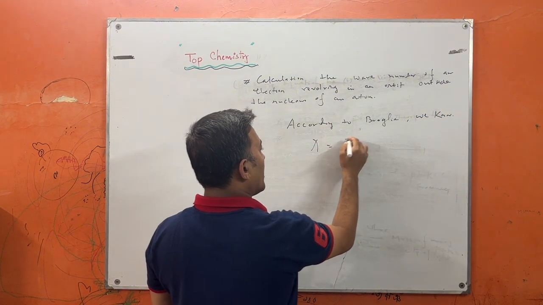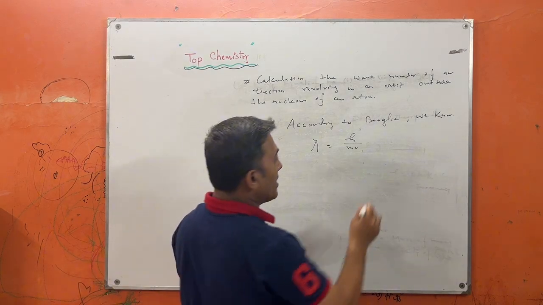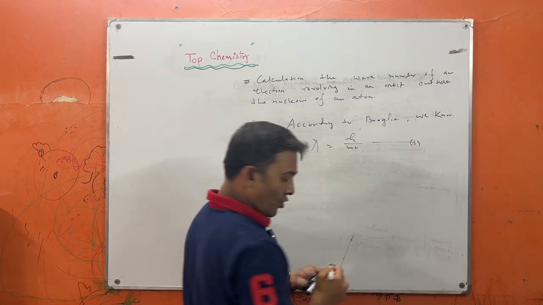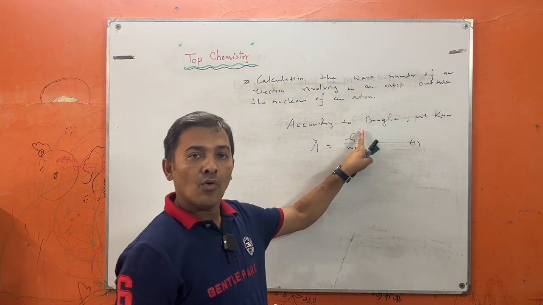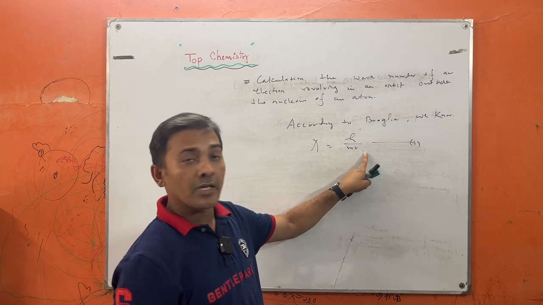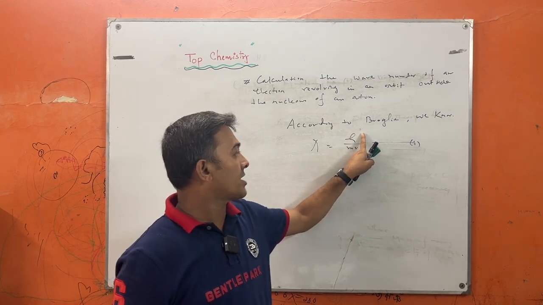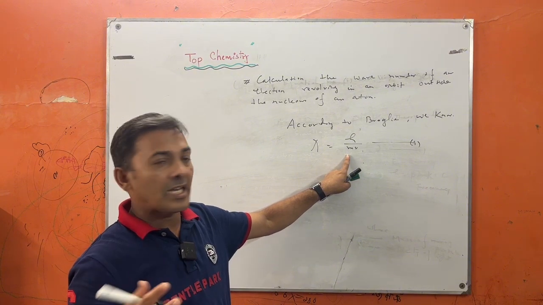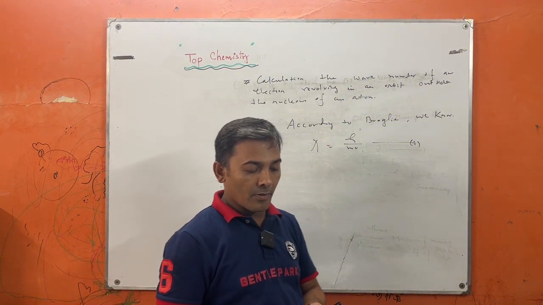Lambda equal to h by mv. Equation number one. We know lambda equal to wavelength, h equal to Planck's constant, m equal to mass of electron or mass of particle, v equal to velocity of electron or velocity of a particle.